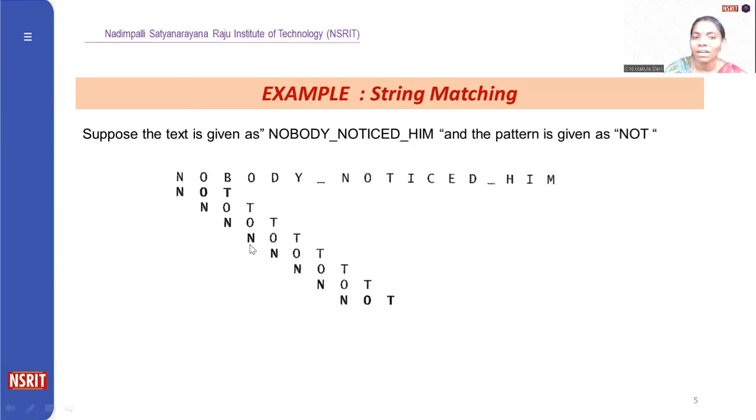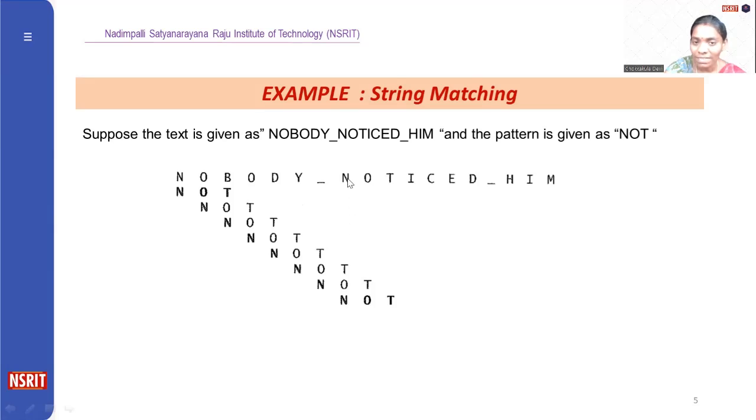Again I is incremented and it tries to match with O, and we find no match. Again it increments and tries to match with D, no match. Then Y, no match. Then underscore, and here also the characters do not match. Again that position is incremented.